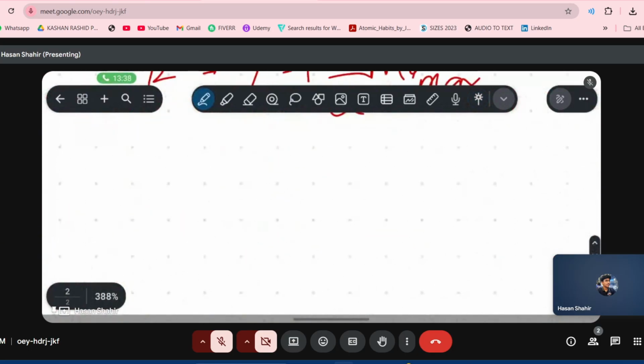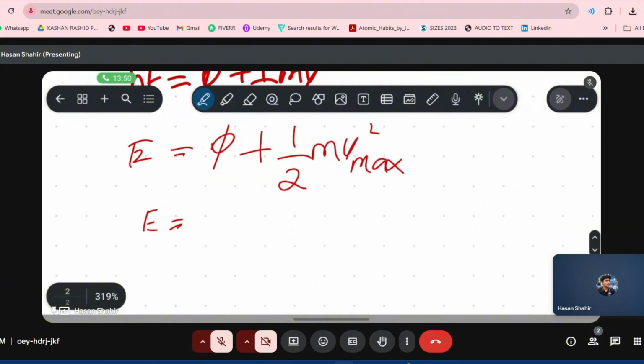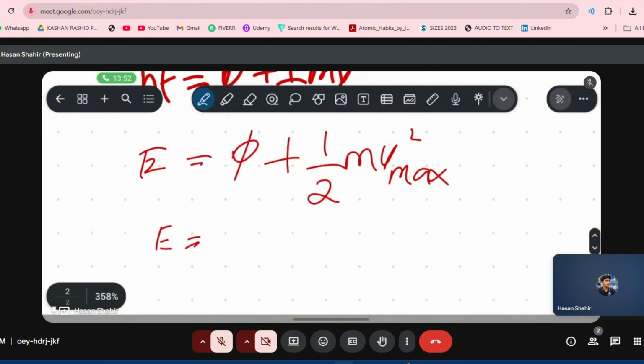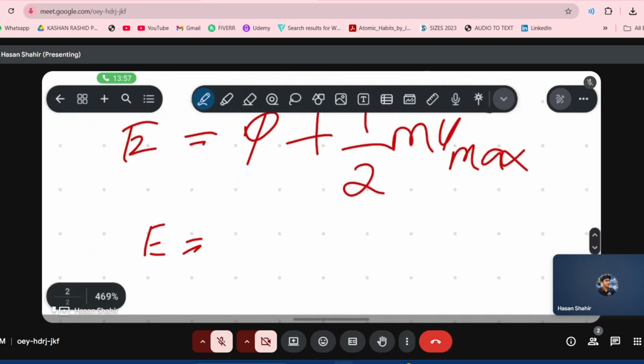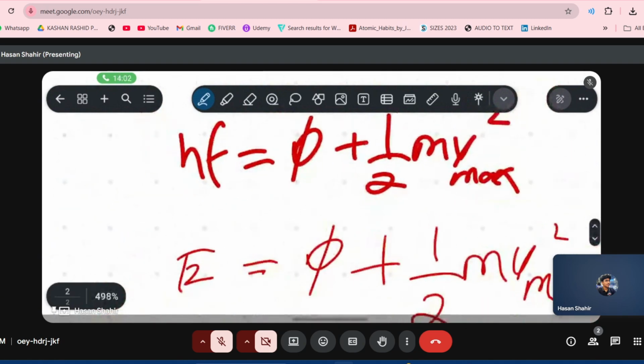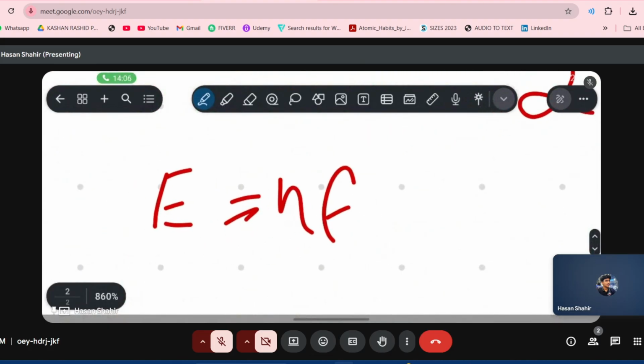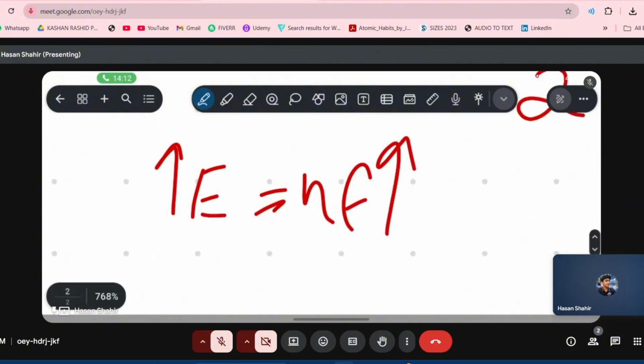Because, as I've told you before, the energy of a photon is equal to this formula right here: the work function energy plus the maximum kinetic energy of the electron. Now, this formula was given to us previously, and we can see that E is equal to hf. And if E increases, where h is our Planck constant, f must also increase as they are directly proportional.